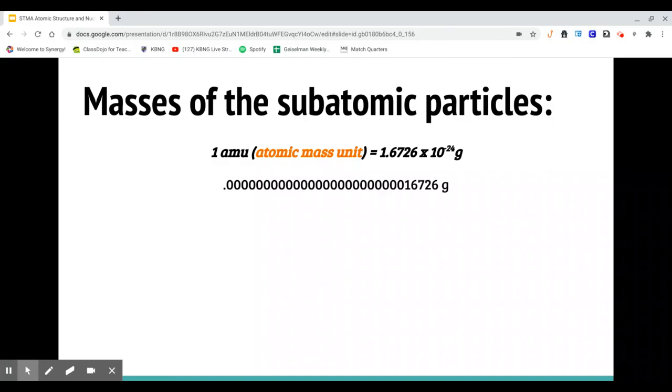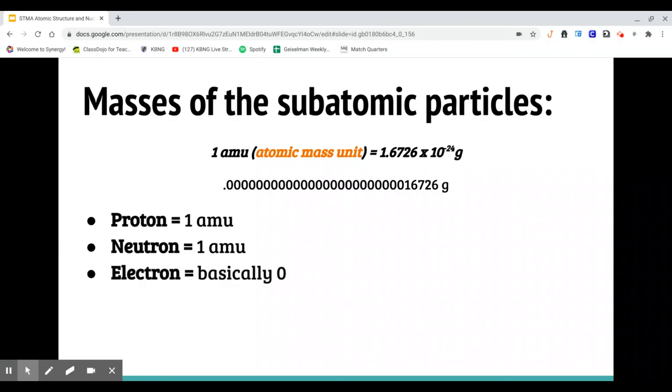So instead of saying 0.0 with 23 zeros in front of 1672 grams, instead of saying that ridiculously small number, we just say one proton is equal to one atomic mass unit, or 1 AMU. And one neutron is equal to one atomic mass unit as well.